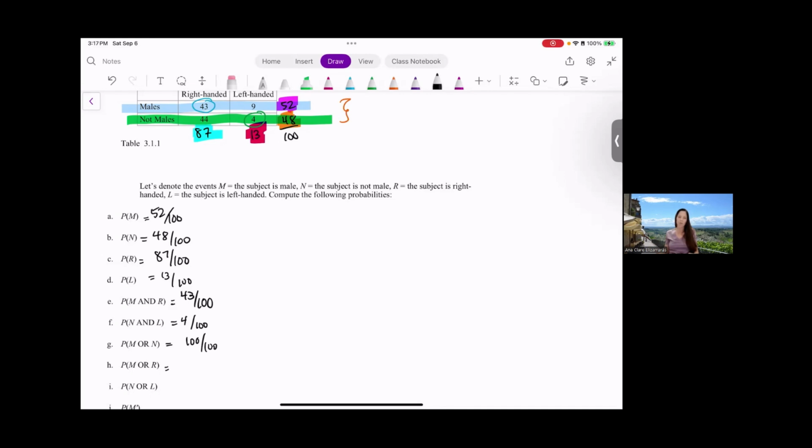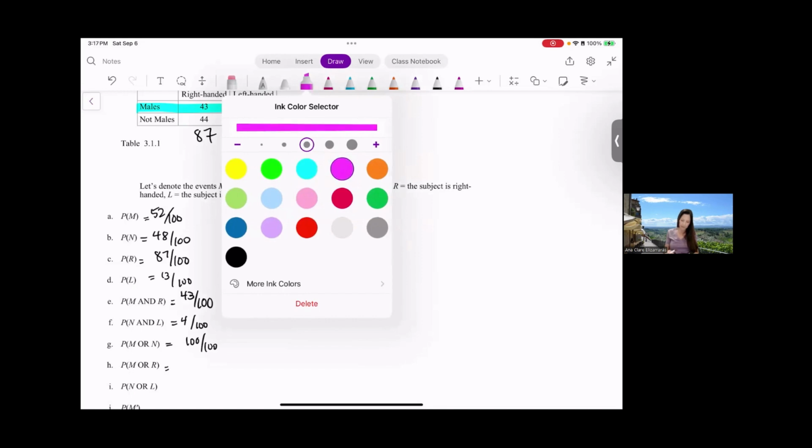M or R, so the probability of male or right-handed. I'm going to erase my notations really quickly because I want to show you something. Male, that's the first thing that we're doing. Or right-handed, that's the second thing that we're doing.